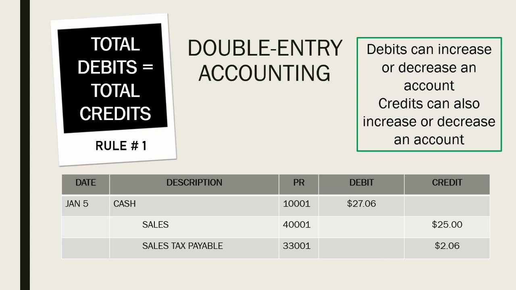So rule number 1 is that your total debits equal your total credits, and this is how we take a business transaction and organize it in a meaningful way. If I sold something for $25, then I should have an equal and opposite reaction, which in this case, how did I sell it? Did I receive money?